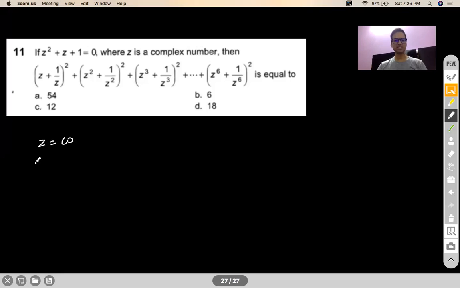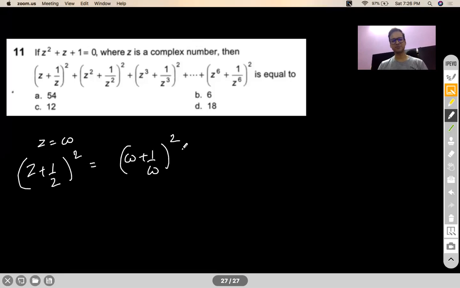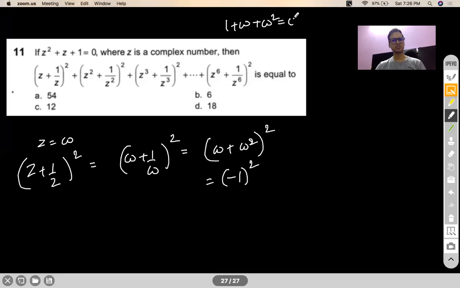Now, if you look at the first expression, z plus 1 by z square, you're actually writing omega plus 1 by omega square. And remember, 1 by omega is like omega square. Yes, reciprocal of omega is omega square. And omega plus omega square is actually minus 1. So don't forget 1 plus omega plus omega square is actually 0. So omega plus omega square is a minus 1. So this will give you a 1.